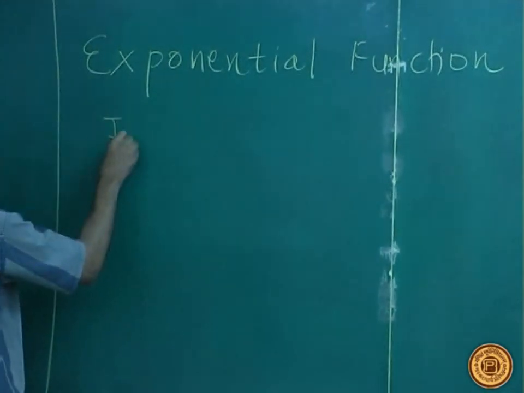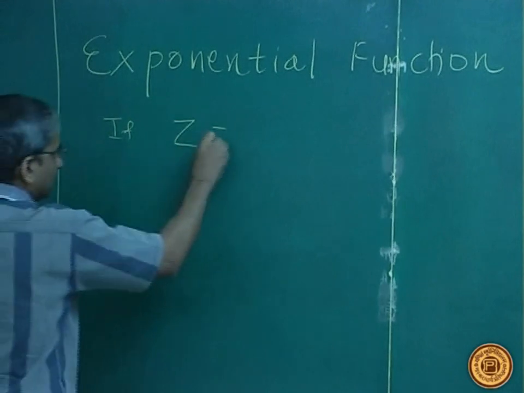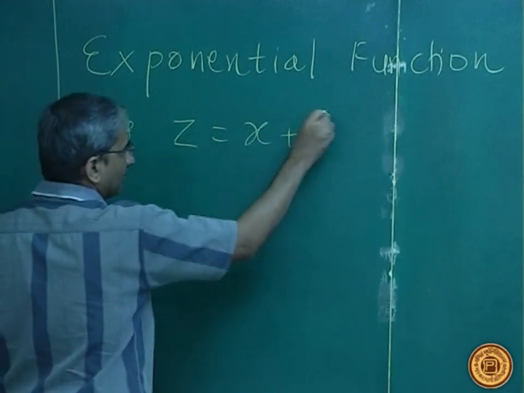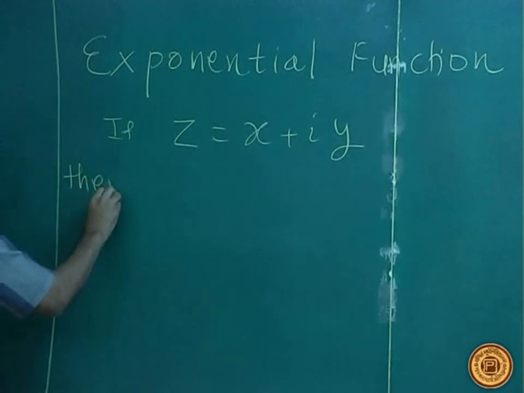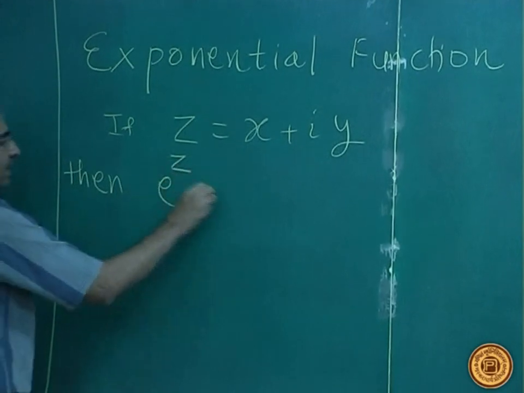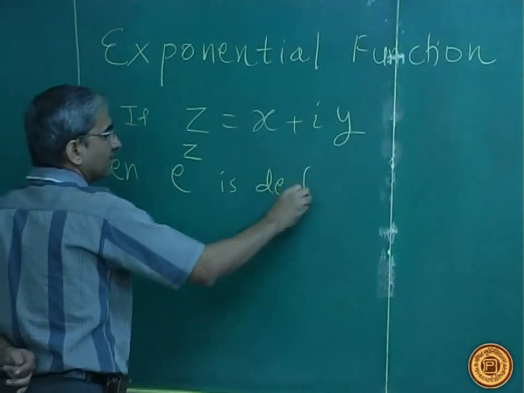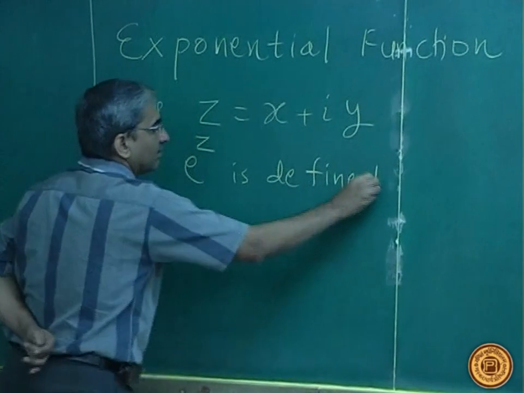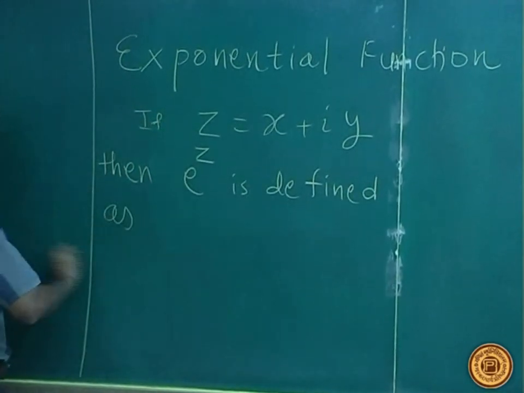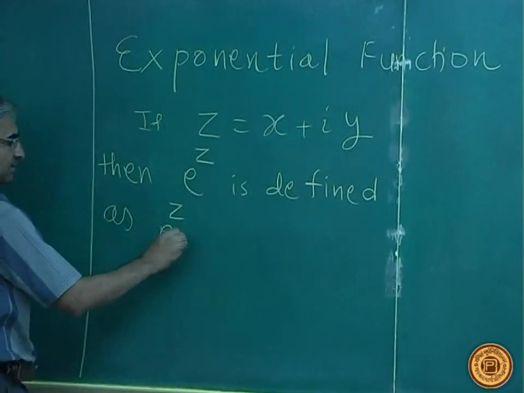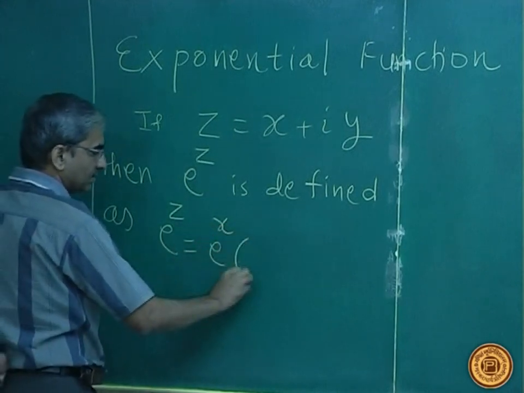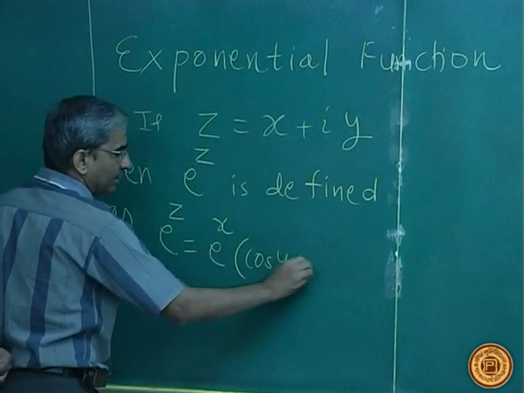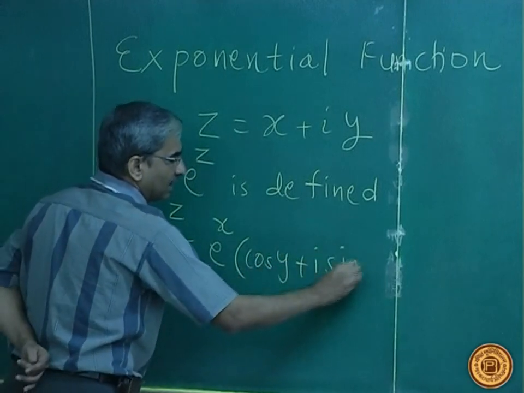If z is equal to x plus iy, then e to the power z is defined as e to the power z equal to e raised to x into cos y plus i sin y.